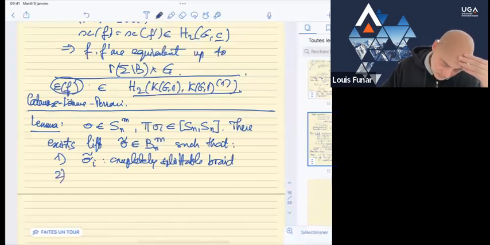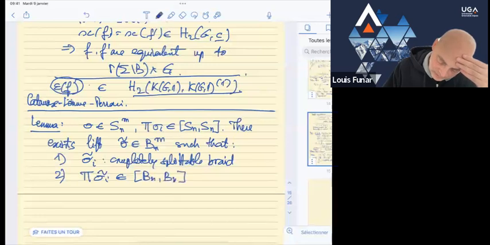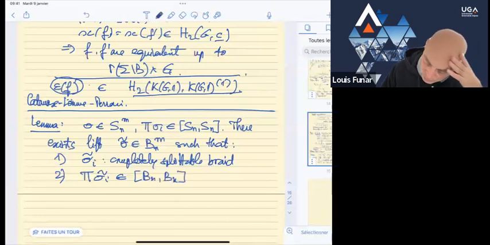So this is the first constraint. The second constraint is that one needs, of course, to have that this is an element of the commutator. So one has to be careful what happens when you look at the image of this element in the Abelianization and to correct somewhat.